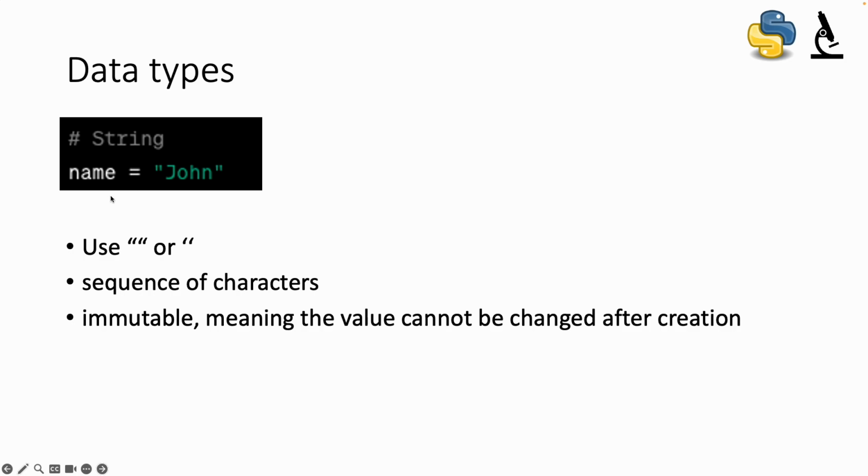It's a sequence of characters, for example, J, O, H, and N. This is a very special data type because the value you create while assigning it to the variable is immutable, meaning that the value cannot be changed after creation. But the variable assignment can certainly change after the first initial assignment. We will cover all of these data types in future videos, so don't worry, this is just an introduction.